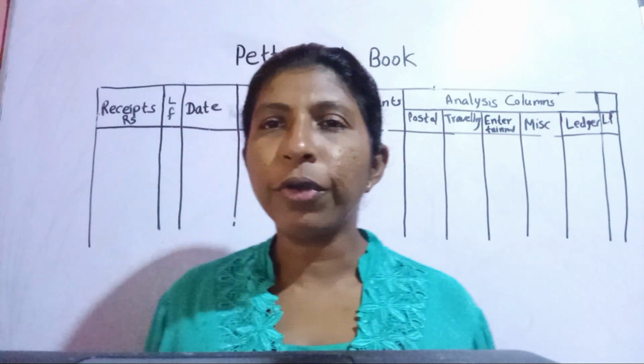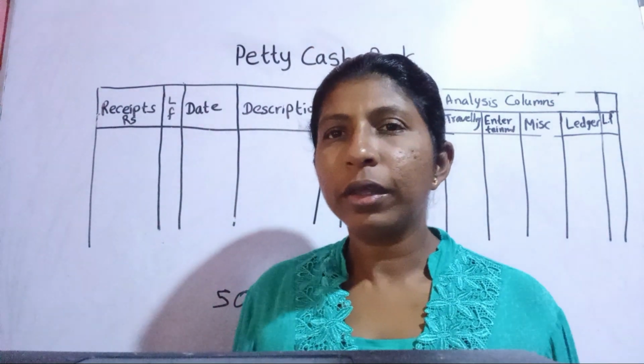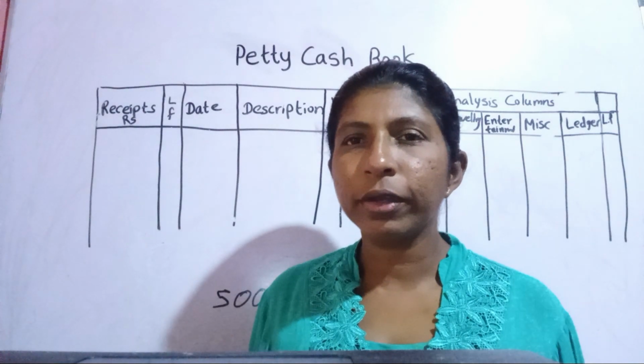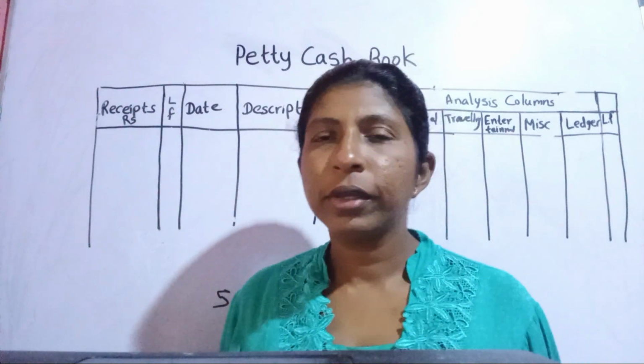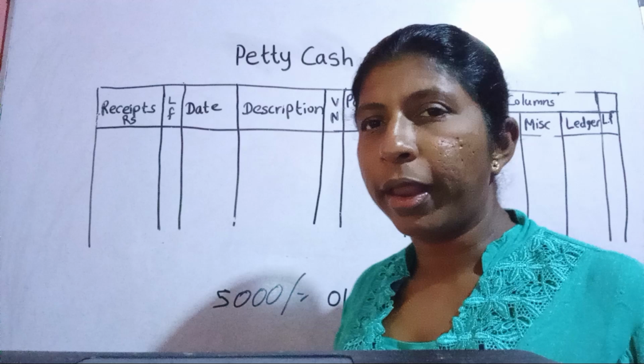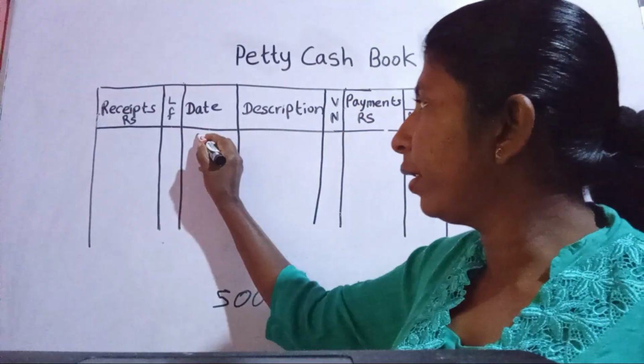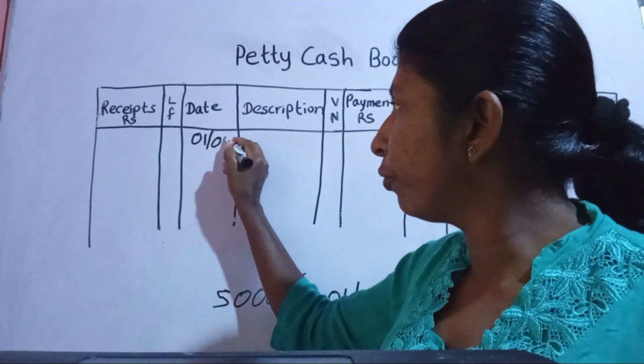First, we have to record that transaction, receiving rupees 5,000 out of main cash. To record that, you have to write the date here, 1st January.